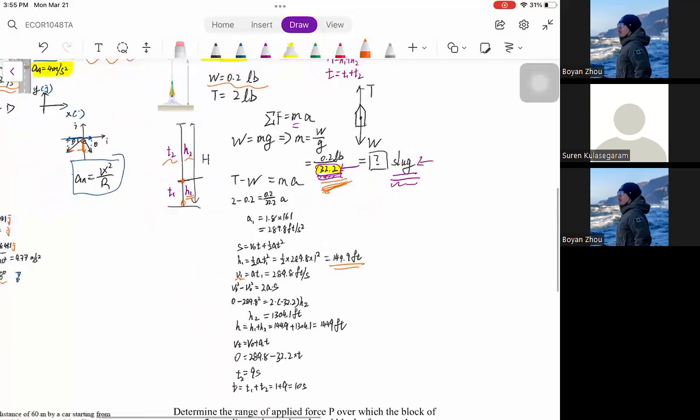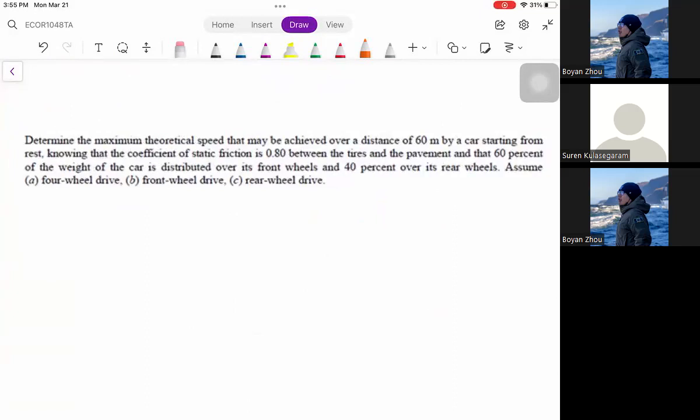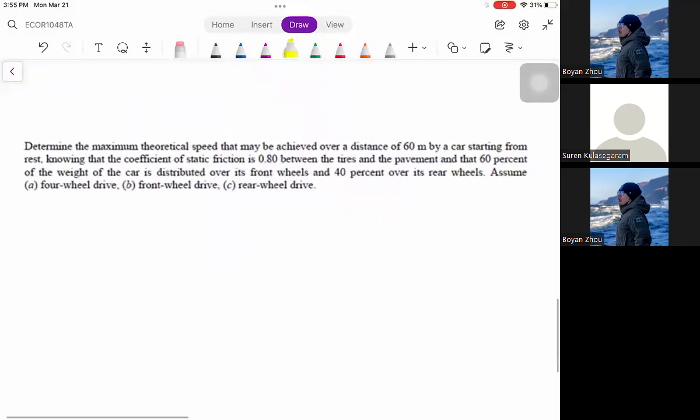Okay, so we move to the next one. In this one, we're going to determine the maximum speed of a vehicle that is starting from rest all the way to 60 meters per second.